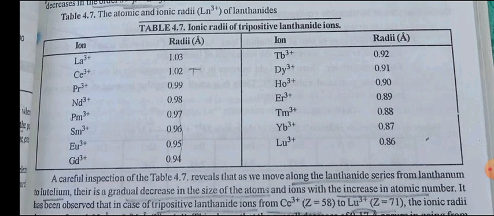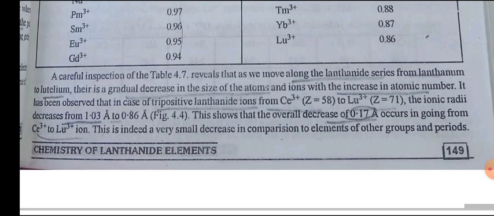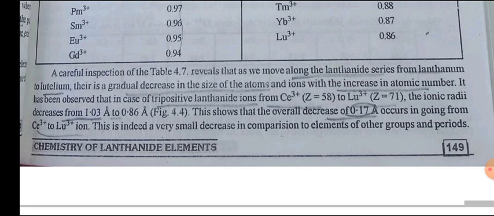Here is table 4.7. A careful inspection of table 4.7 reveals that as we move along the lanthanoid series from lanthanum to lutetium, there is a gradual decrease in the size of the atoms and ions with the increase in atomic number.